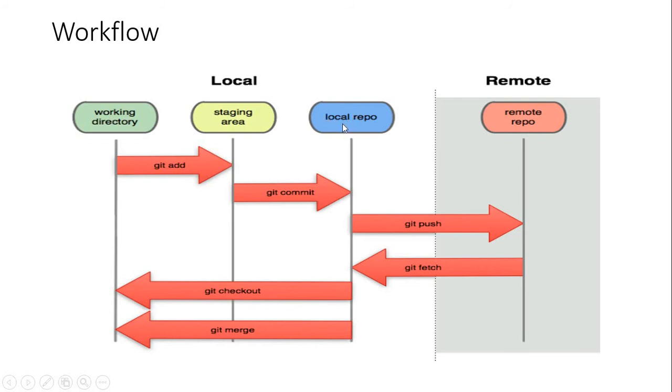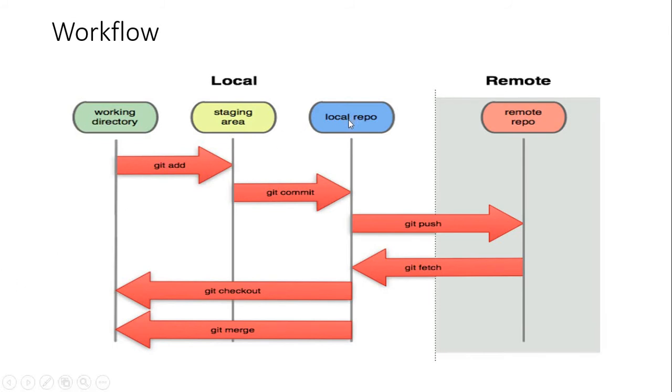And if you see the local system, it has three main stages. One is the working directory, one is the staging area, and one is the local repository. Once the code is there in the local system, it can be in one of these three stages, right? It can be committed, like it can be saved, that is in the local repository.